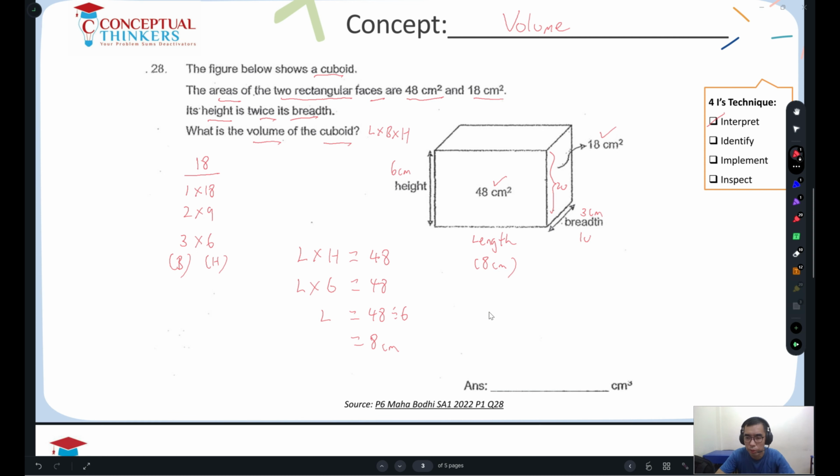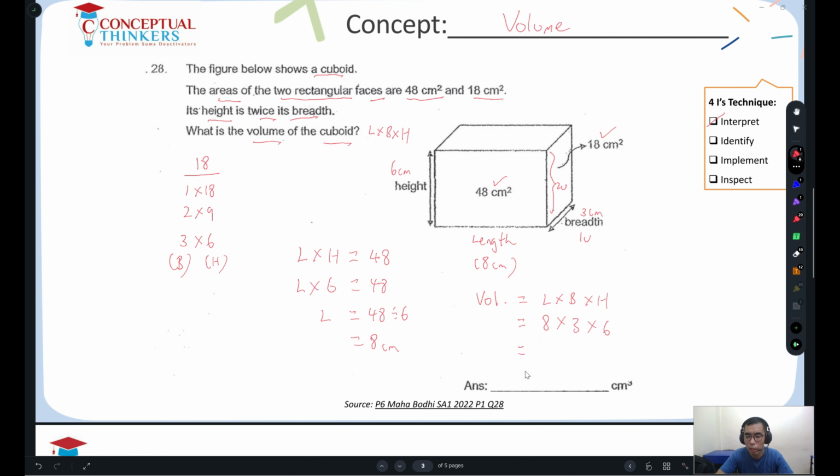Then we can proceed to find the volume of the cuboid. Volume will be equal to length times breadth times height. Since my length is 8 cm, the breadth is 3 cm and the height is 6 cm, we can do the calculation.